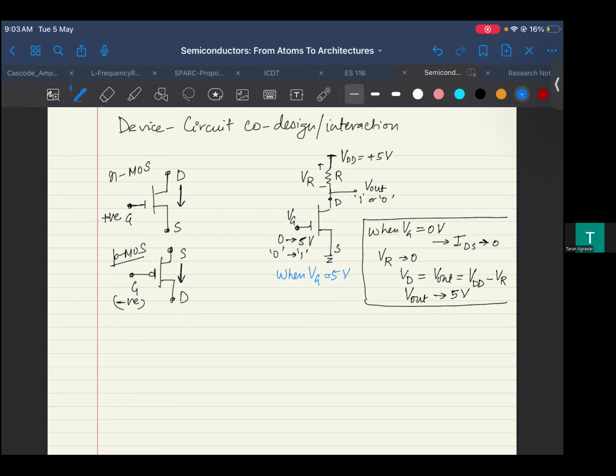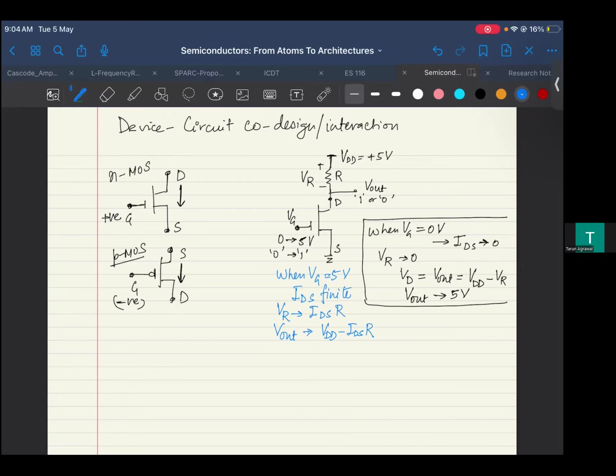Then there is an IDS which is going to flow, a finite IDS. That means your VR is going to be IDS times R, and your V out is going to be VDD minus IDS times R, right?